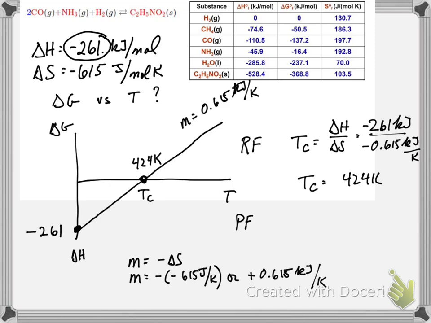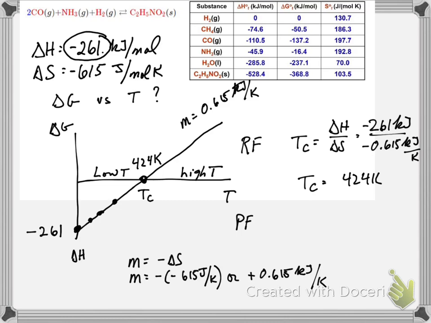So let's make sure it's clear why this is a critical temperature. What low temperatures means in the context of this reaction is any temperature below 424. High temperature is any temperature above 424.